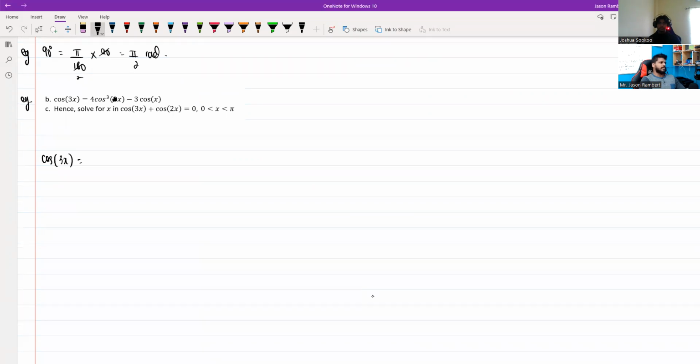Cosine 3x is equal to cosine of 2x plus x. Can you agree on that? Good. If I recall, this is of the form cosine of a plus b, where a is 2x and b is x.